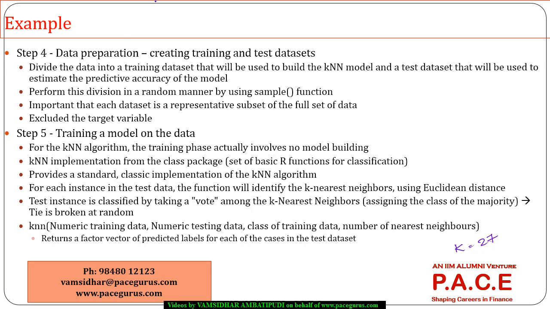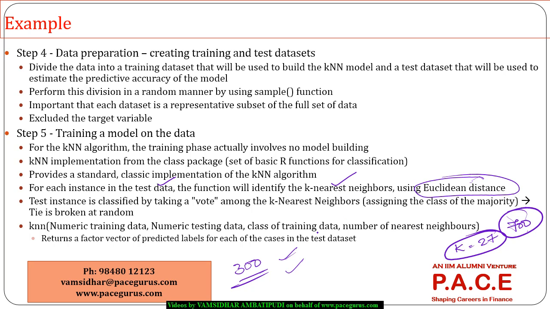For each instance in the test data, out of those 300 instances, this work will be done 300 times separately. The function will identify the 27 nearest neighbors out of those 700 for each and every instance of the 300. The nearest neighbors are identified using the Euclidean distance.